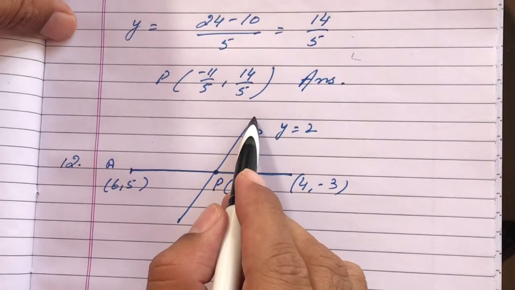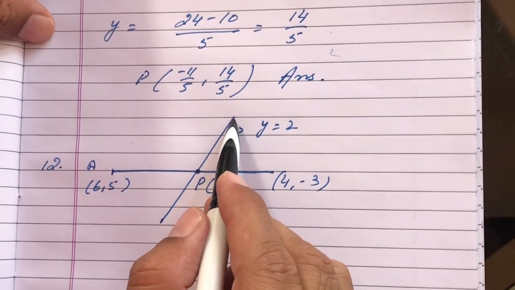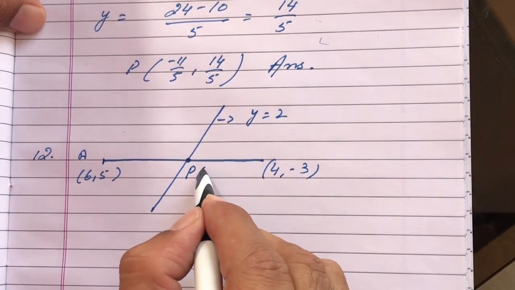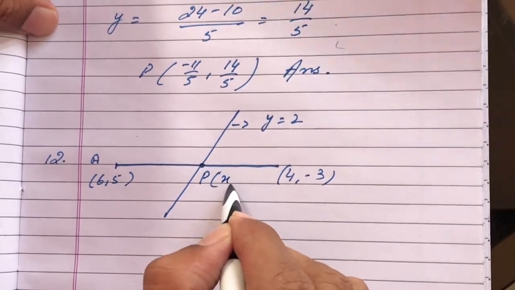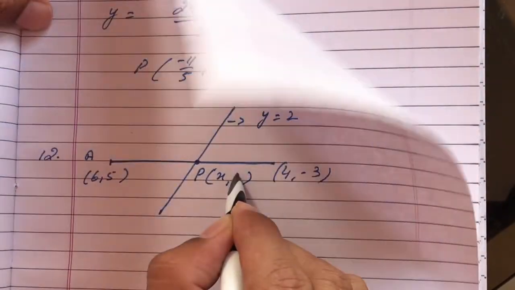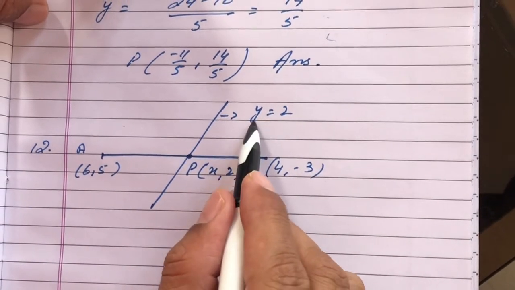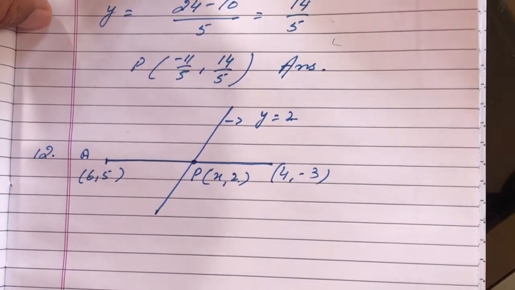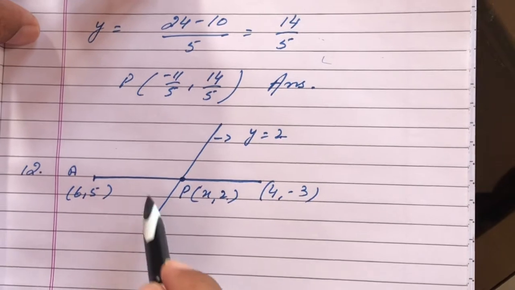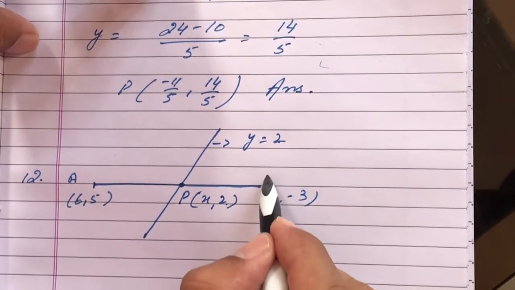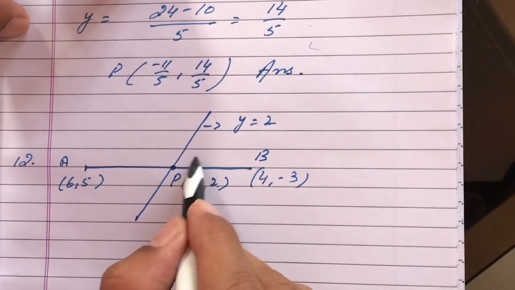So any point on the line y is equal to 2 is (x, 2). Y will remain 2, x will vary because y is equal to 2 always. So this line divides A and B in which ratio, I have to find.